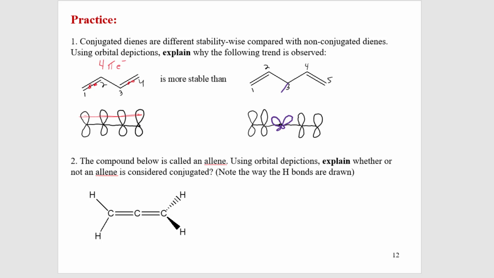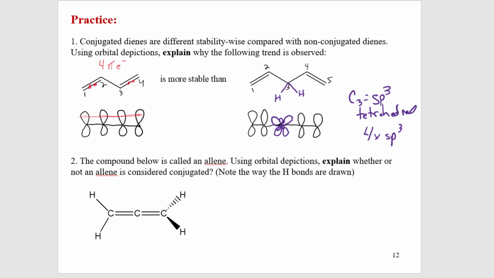Carbon 3 is sp3 hybridized, tetrahedral. It does not have an unhybridized p orbital. In fact, tetrahedrally, it has 4 sp3 orbitals.